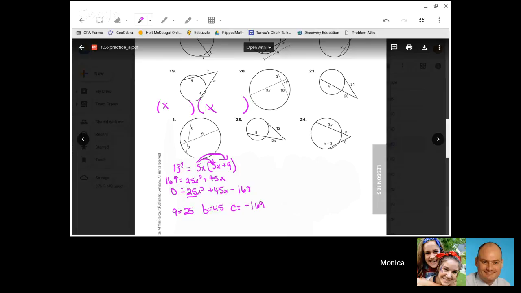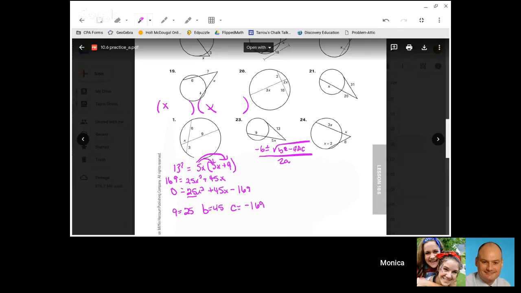So now we're going to plug that into our quadratic formula, okay, which is negative b plus or minus the square root of b squared minus 4ac all over 2a.